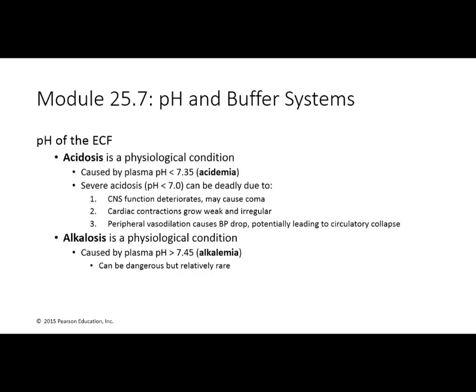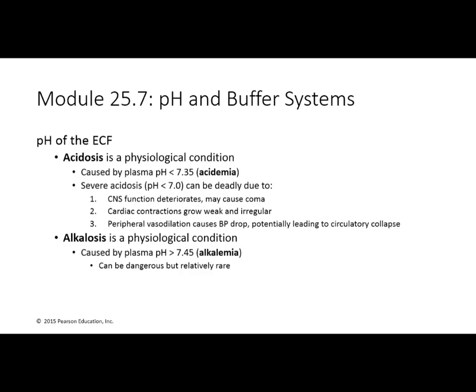With a low pH, the central nervous system begins to deteriorate, some seizures, some coma. Cardiac contractions will grow weaker and less regular. Vasodilation will also occur in a low pH, so that there's a peripheral vasodilation that's going to open up all the vessels and drop the blood pressure. So all of this is very, very critical.